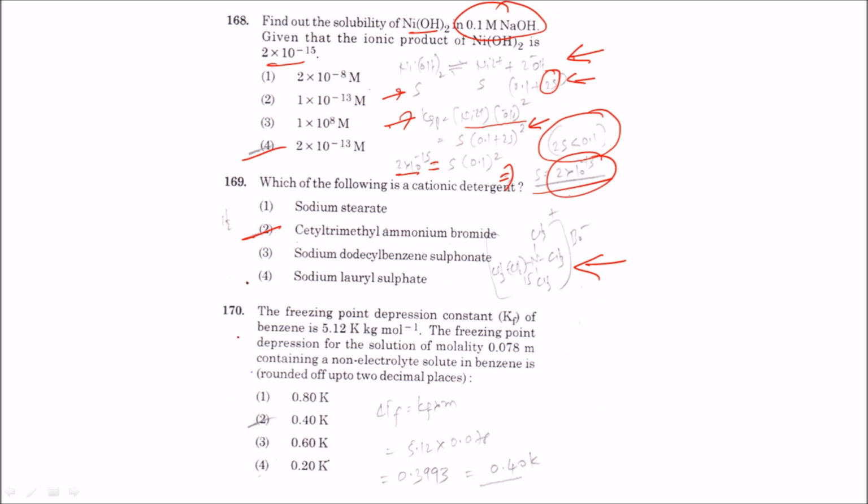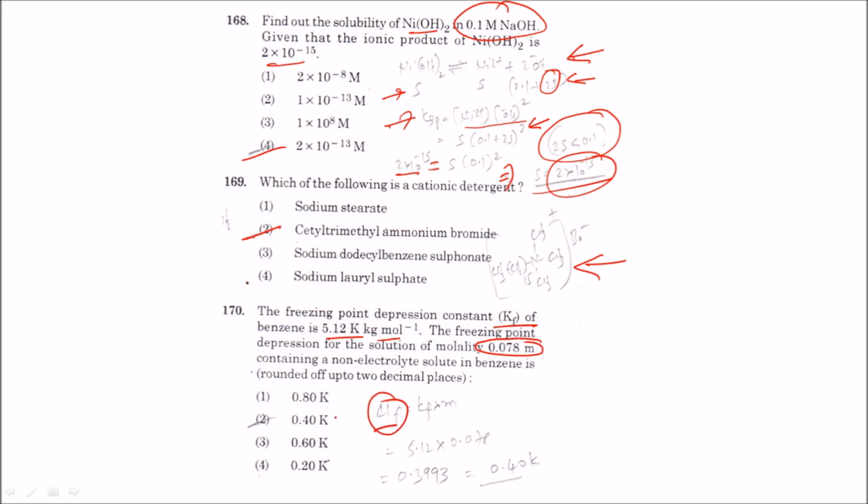Next one, 170. The freezing point depression constant Kf is given as 5.12 Kelvin kilogram per mole. The freezing point depression for a solution of molality 0.078 m containing a non-electrolyte solute in benzene is... We need to find the freezing point depression, delta Tf.